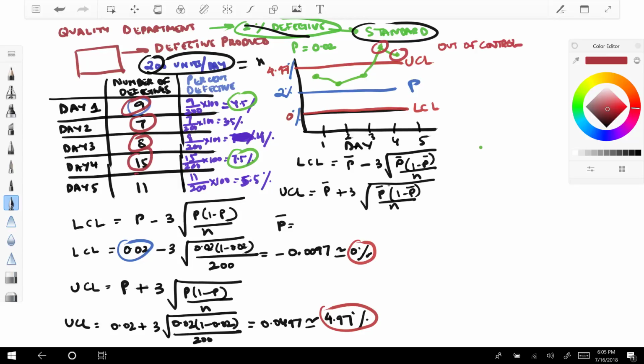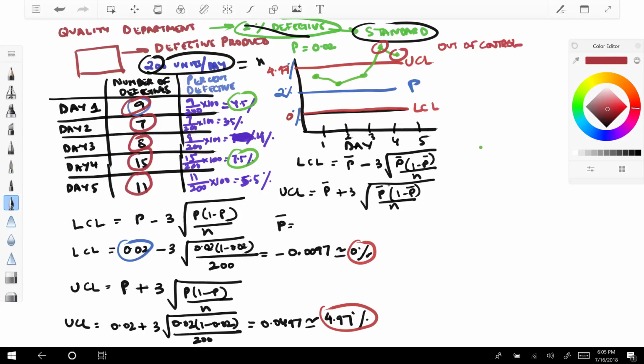So 9 plus 7 is 16, 16 plus 8 is 24, 39, and then we have 50.